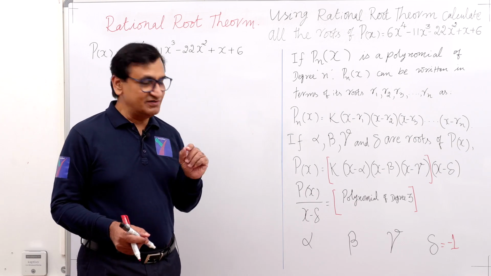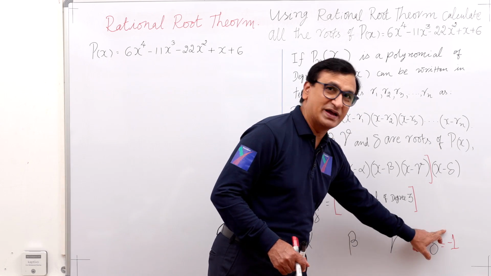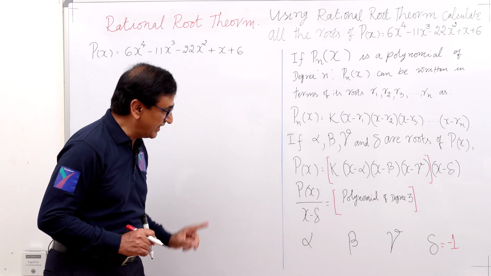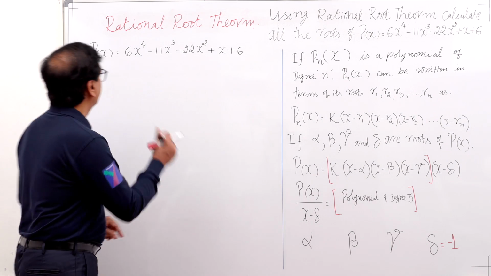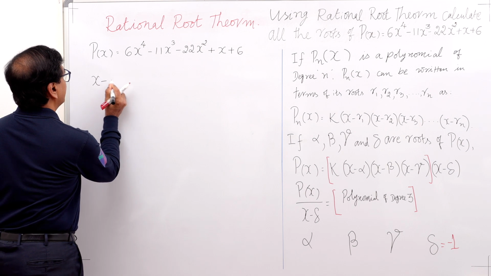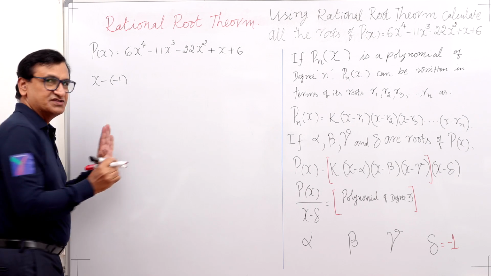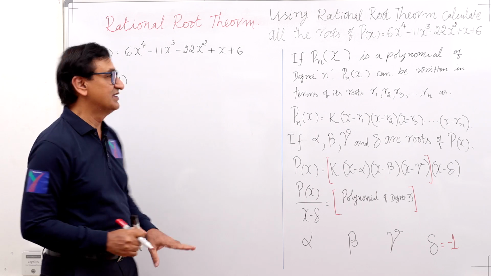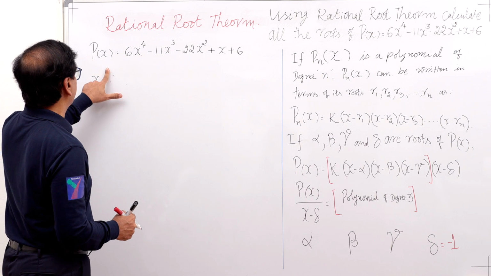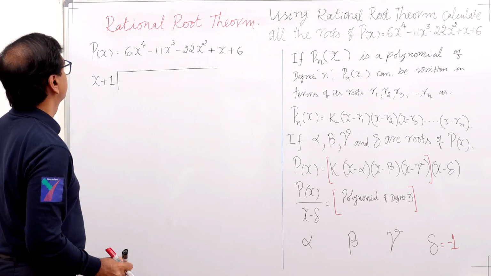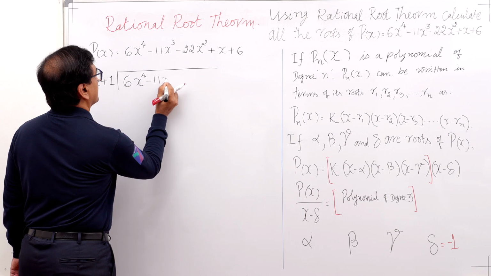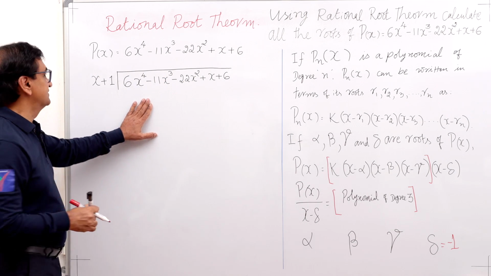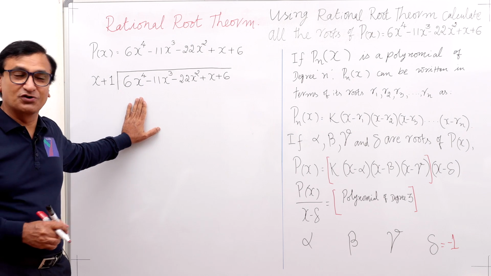So in the earlier screen, we found that delta, which is equal to minus 1, is a root of our polynomial p of x. Therefore, we are going to divide our polynomial p of x by x minus delta, which is x minus of minus 1, and minus of minus is plus. So we are going to divide by x plus 1. So I'm going to write this as x plus 1. Okay, now we are going to do a polynomial long division. So let's start with the x power 4 term.